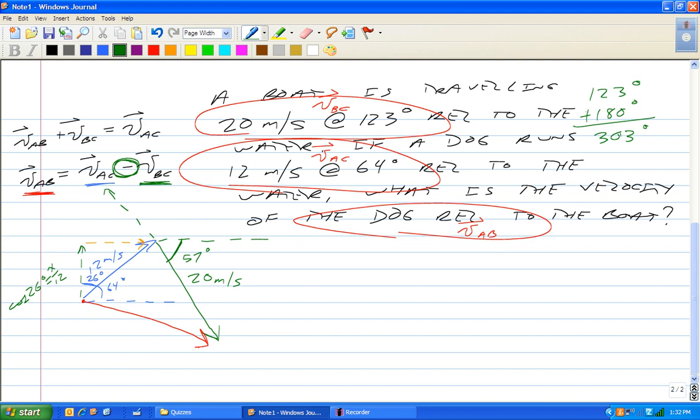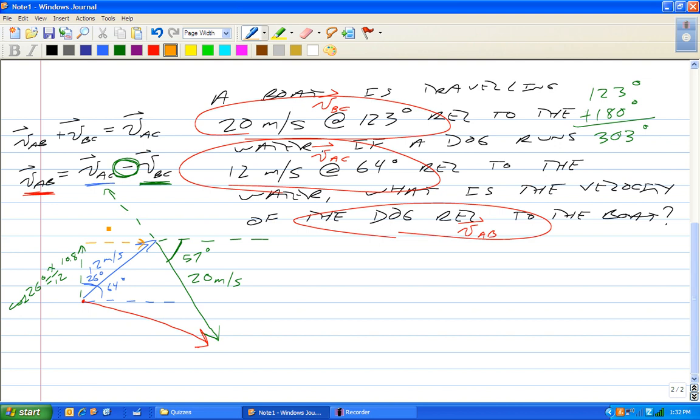And when I do that, I get 12 times cosine 26 degrees, which is 10.8. So when I say it's going 12 meters per second at 64 degrees, that means it's going 10.8 meters per second up or north.